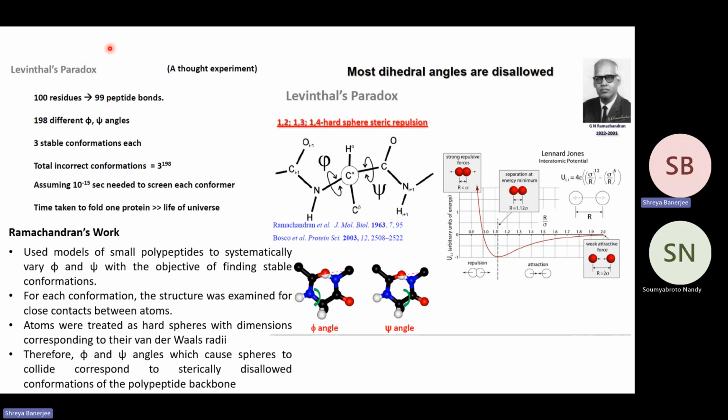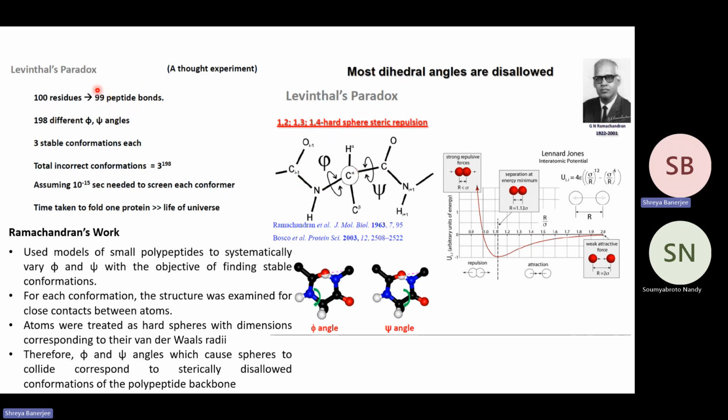There is something called Levinthal's paradox. Basically, imagine a polypeptide having 100 amino acids. So 100 amino acids will mean 99 peptide bonds. With each peptide bond, you have an associated phi and psi.